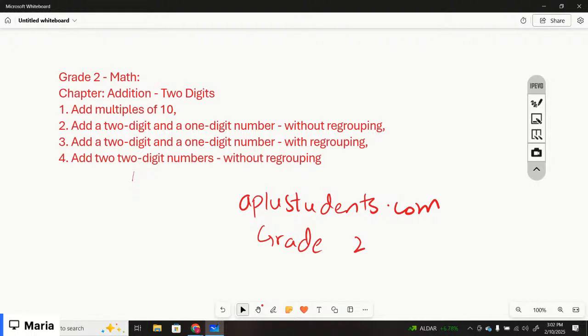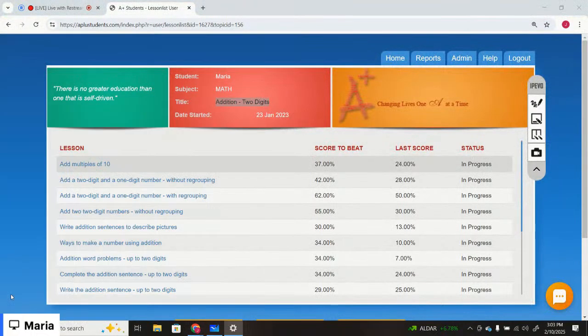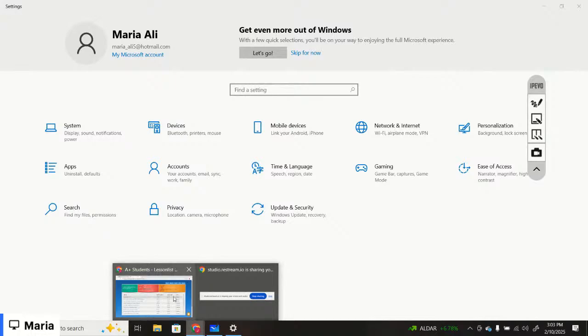So please make sure you have your notebook and pencil so that you can note down the important examples and definitions as well. Just 1 minute.